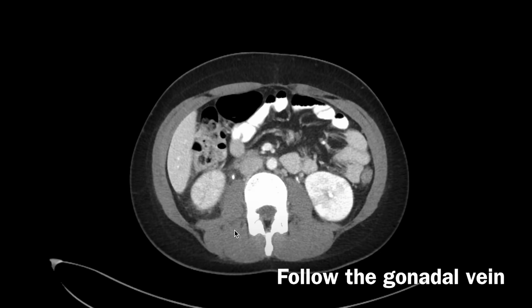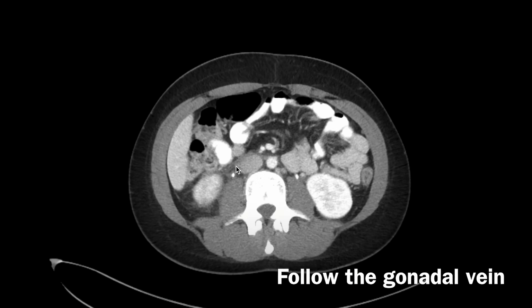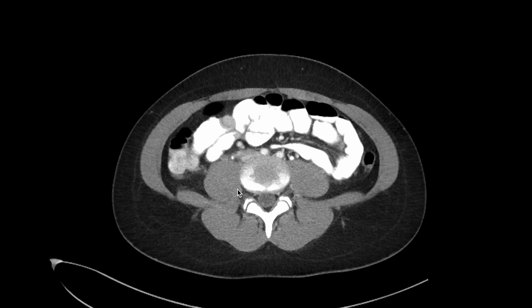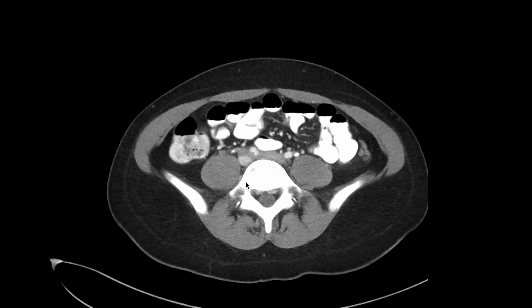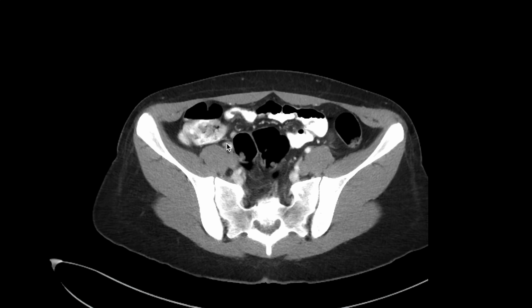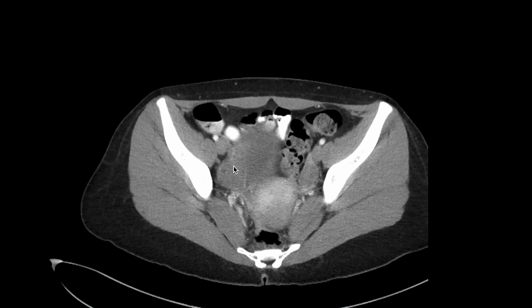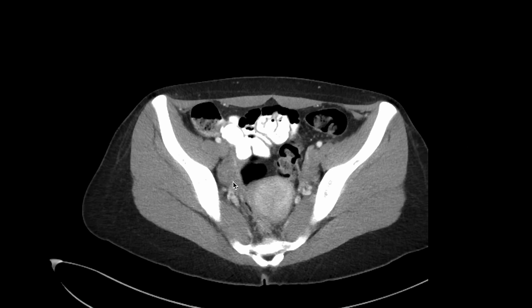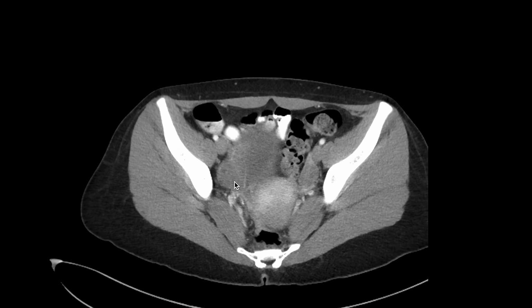So you see this little tiny structure here that is draining into the IVC. If I follow that down, okay, it's right here in front here. If I follow that down, it goes right into this structure here, which is the right ovary. So if you can't find the ovary, follow the vascular drainage or supply, and you'll be much more successful.